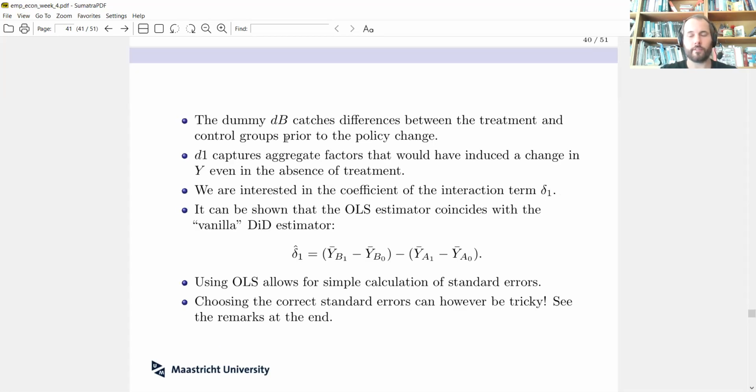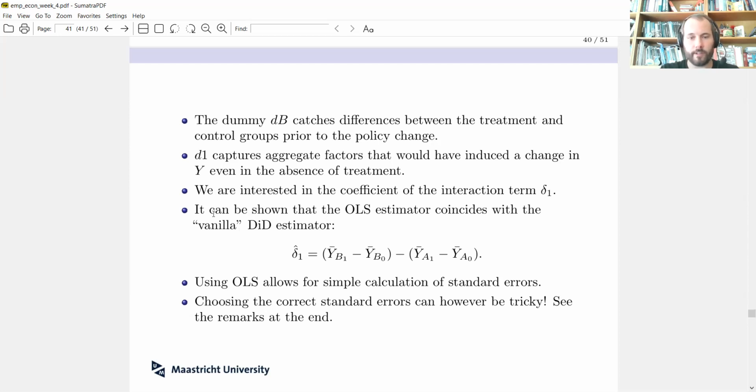So what is the point of these dummies? Think of the group dummy as a group fixed effect. It takes out all the group differences that are constant. And the time dummy captures the time effects.